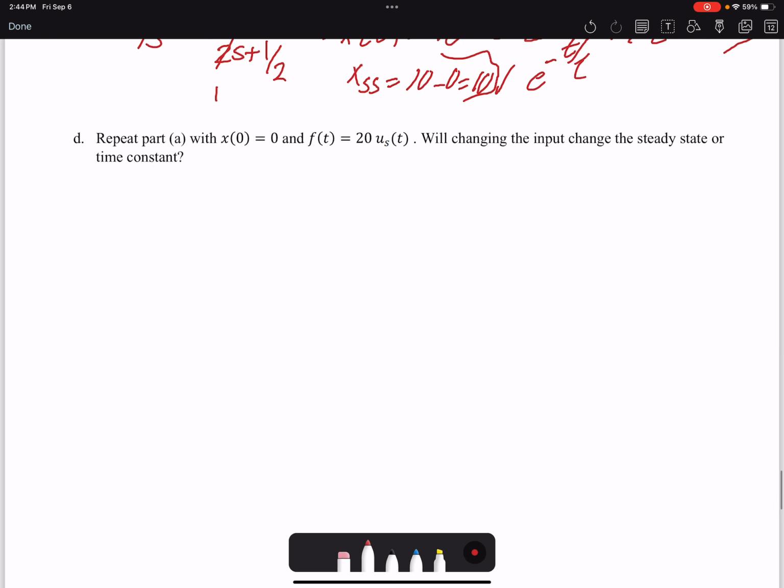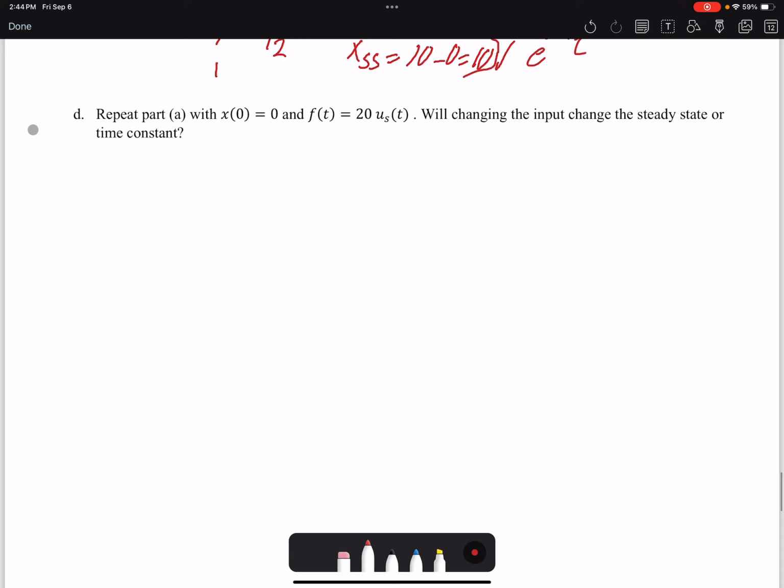Let's repeat this, this time changing the initial condition, but also changing the input. Changing the input will not change the time response or the time constant, but it will change our steady state response. But let's find that out.